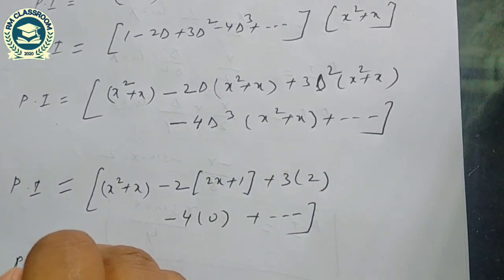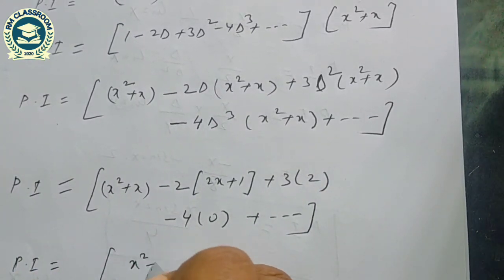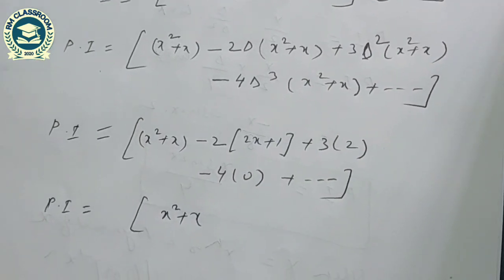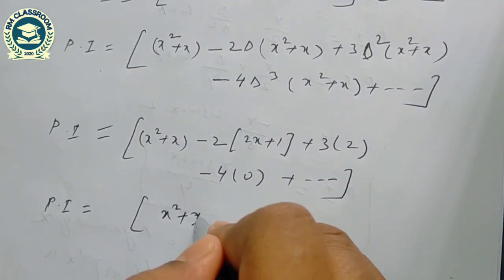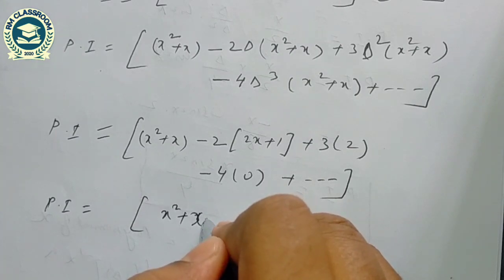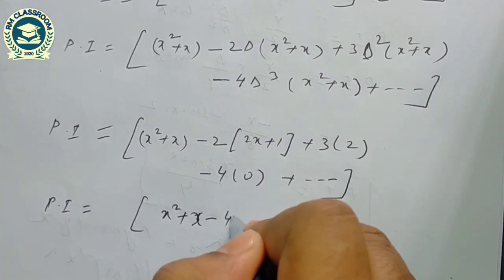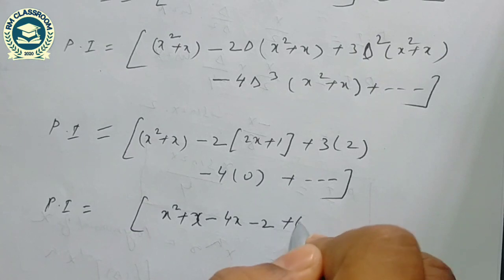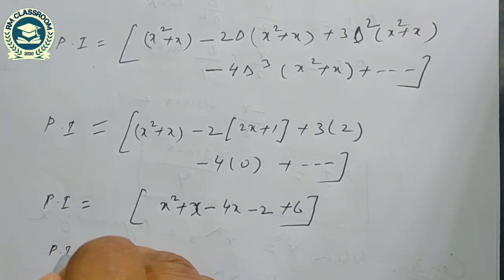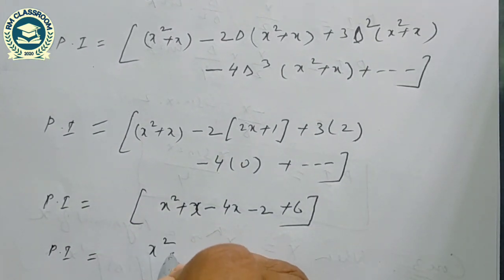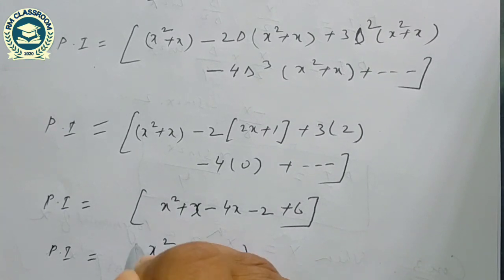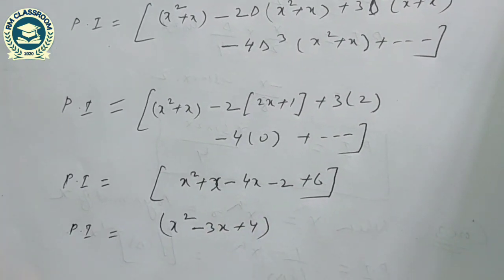So the particular integral is x square plus x minus 4x minus 2 plus 6. So the particular integral is x square minus 3x plus 4 for this function.